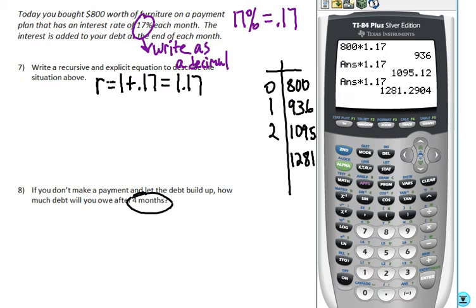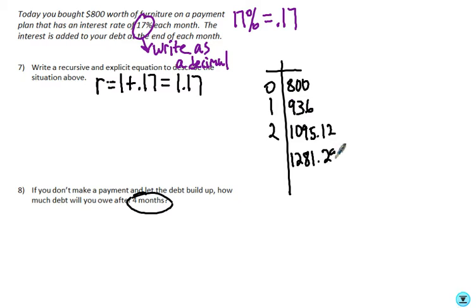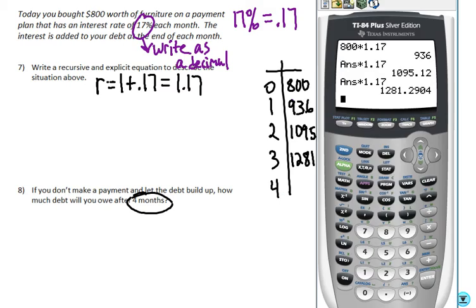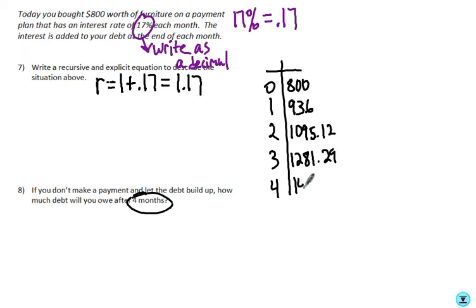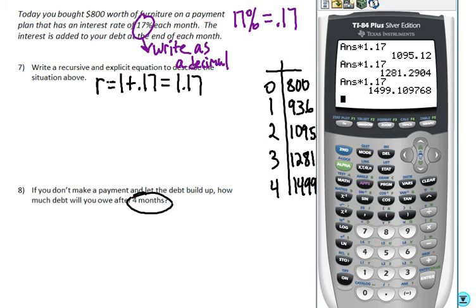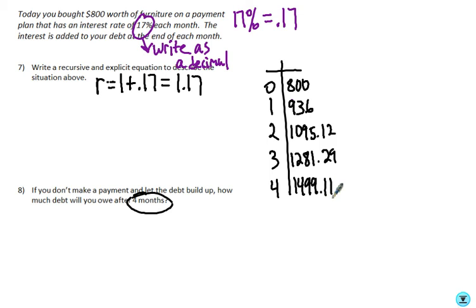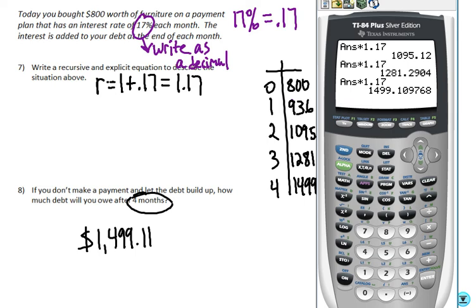So 1281 and 29 cents. And then for the 4th month, I'd do times 1.17 again. And I get $1499.11. So my answer for this one, after 4 months, would be $1,499.11.